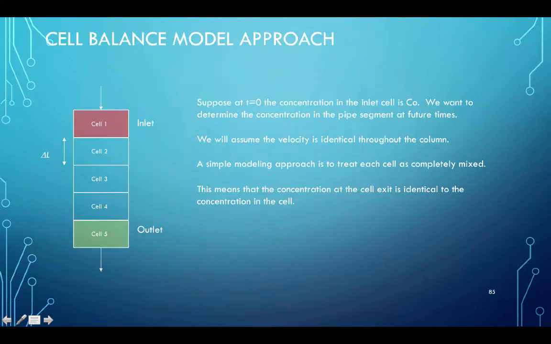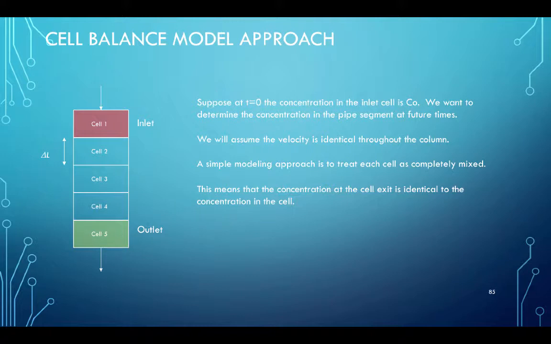We could code that into a spreadsheet or build it into a series of small segments as depicted here, and use a cell balance approach. If we assume that time equals 0, the concentration in the inlet cell is C0, and we want to determine the concentration in the pipe segment at future times, we would assume the velocity is identical throughout the column or piece of pipe.